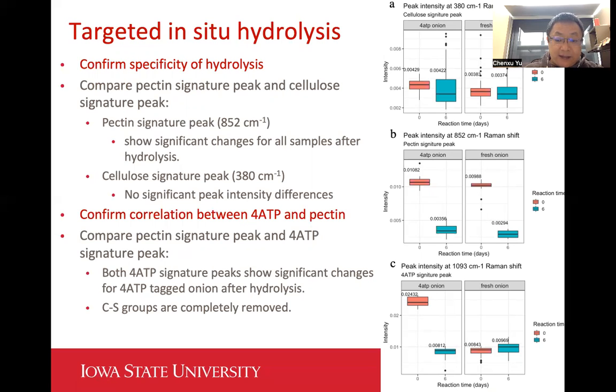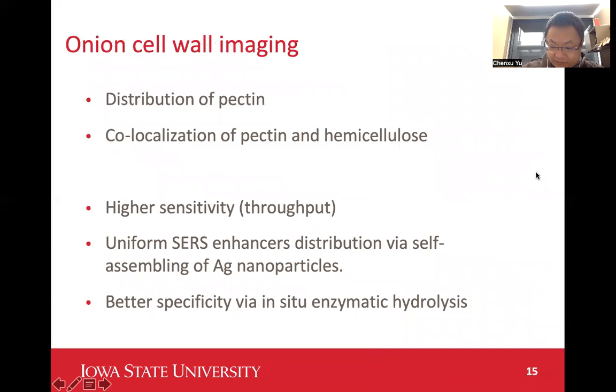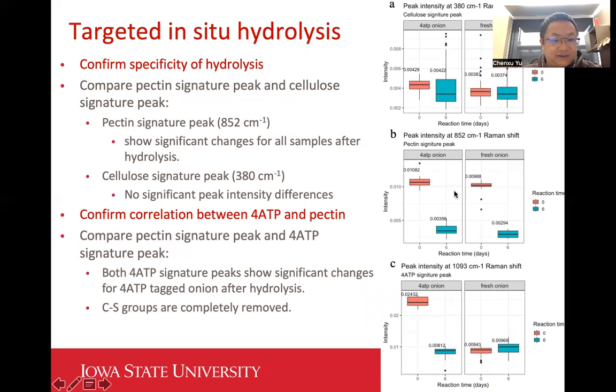So this is a specific pectin peak that we are comparing between the treated onion cell wall and the fresh onion cell wall. Since this is a pectin peak, we do expect a similar trend to be observed, right? There should be changes because those changes are caused by the in situ hydrolysis. And the result shows that that's what we observe. Right? There are significant changes here.